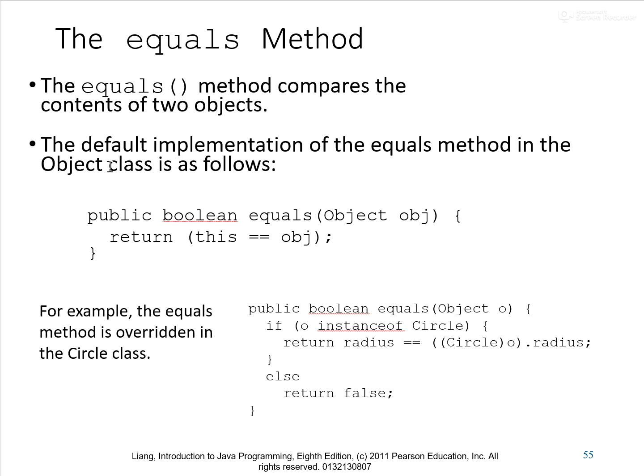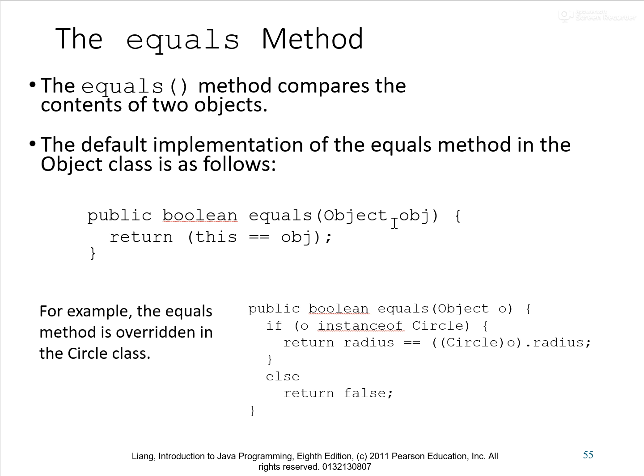So just like the toString method, we inherit the equals method from up high. And this is what's inside the object class's equals method. So it's a public method, returns a true or false, Boolean, called equals, and for object it accepts really anything. And inside it, it just has a single line.